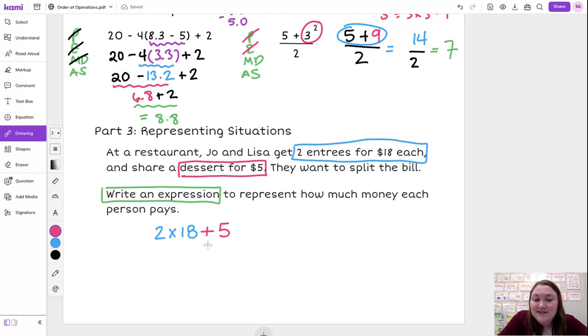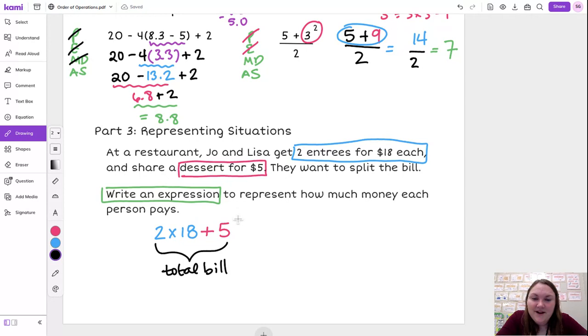So if I wanted to know the answer, I would need to do 2 times 18, get an answer, and add 5, get an answer, but we are only writing the expression, so only showing the math they need to do. Together, all of this represents the total bill, the total money they pay.